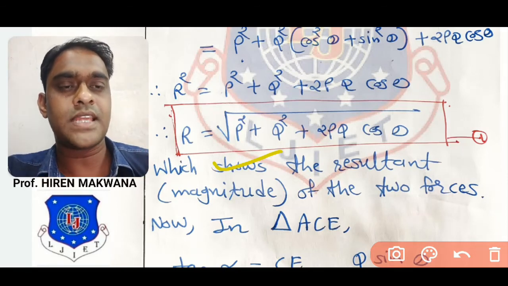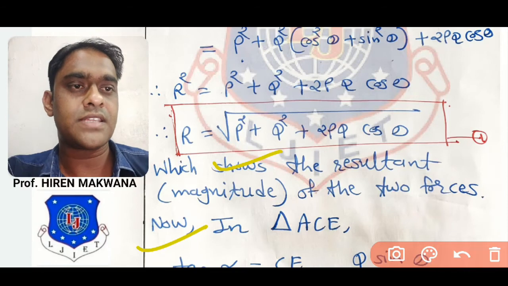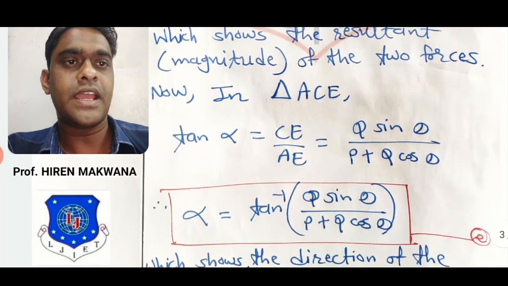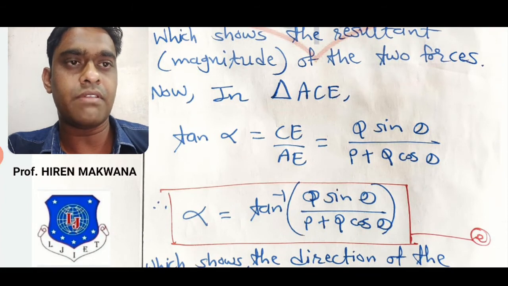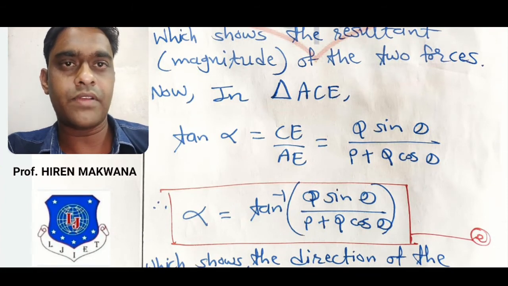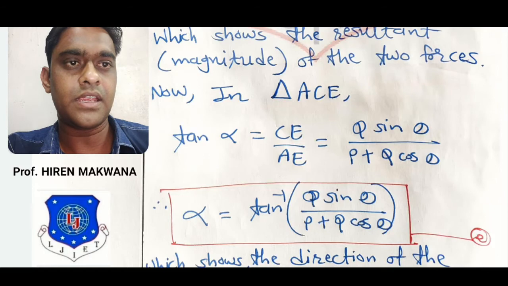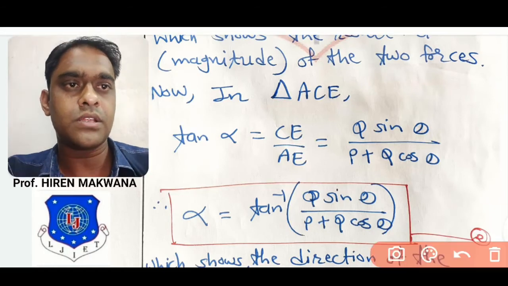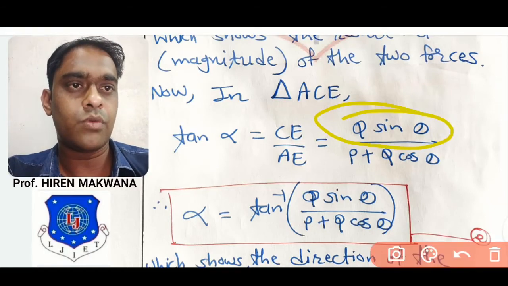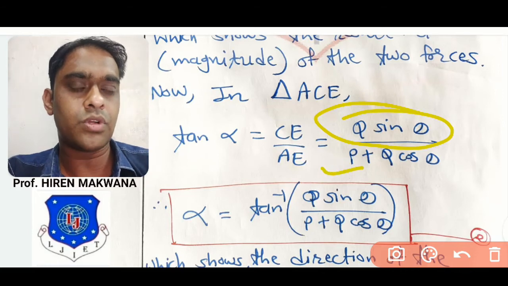Now in the same triangle ACE, you can see tan alpha is equal to CE divided by AE. What is CE actually? CE is equal to Q sin theta, and what is AE? AE is equal to P plus Q cos theta, as earlier shown in the figure.